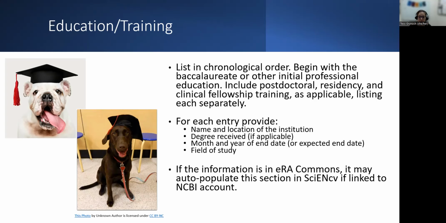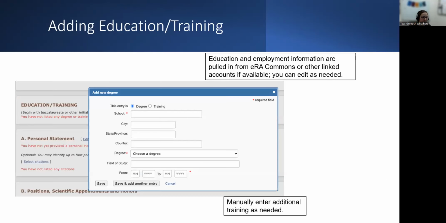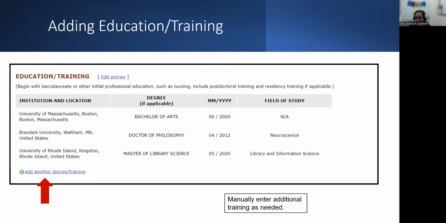You can add this information to ERA Commons and then it will auto-populate into SciENcv once they are linked, or you can add it manually, and this is what it would look like for that manual entry. And you can add as many degrees in training as you need using the add another degree training link.